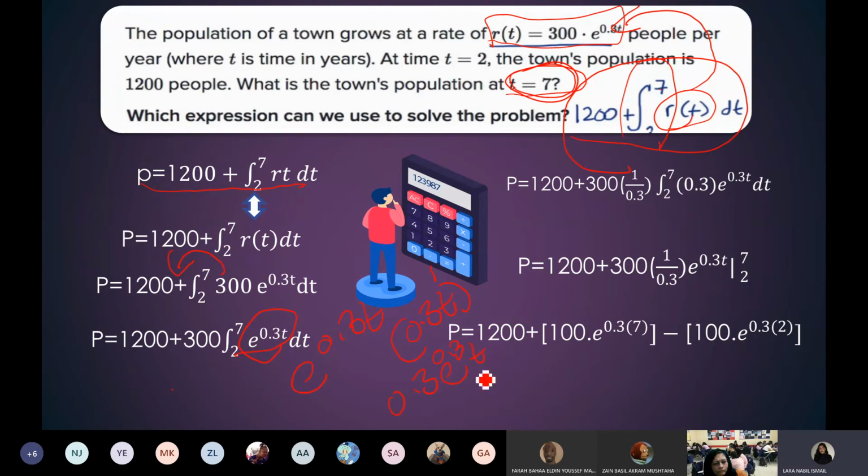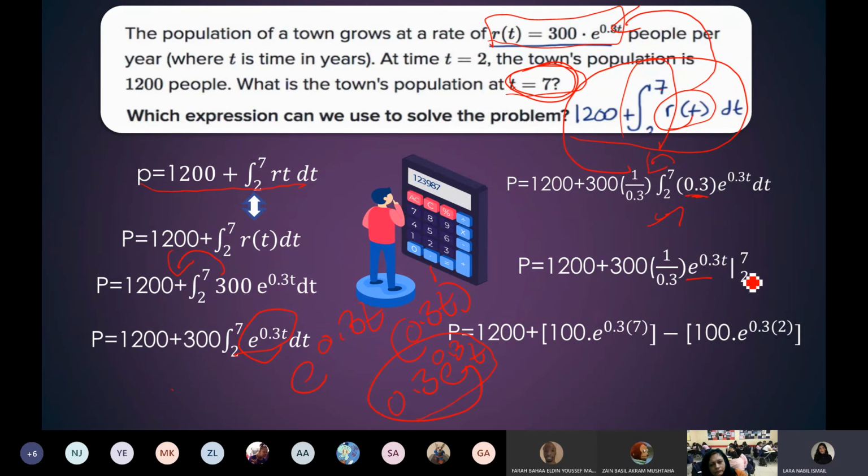So this would lead us to this, and we're missing the derivative, which is 0.3. The number 0.3 is missing, so we're going to add it before the integration and outside the integration sign. To do so, we put 1 over 0.3 before the integration sign. And then by having the antiderivative, we can begin solving by integrating it.